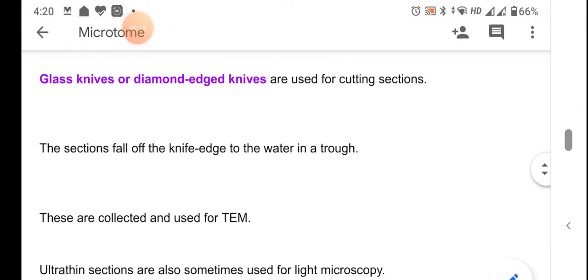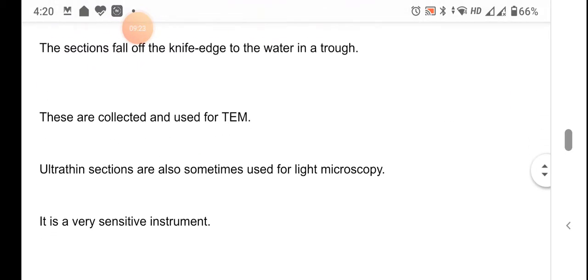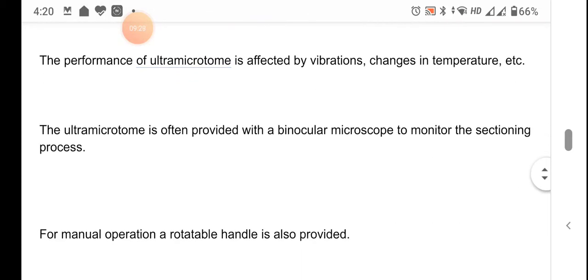So here, since it is an automated machine, it can also be operated with a rotatable handle. Means when we use this instrument, first we need to adjust the thickness etc. by rotating the handle. Okay, but that is by manual operation.